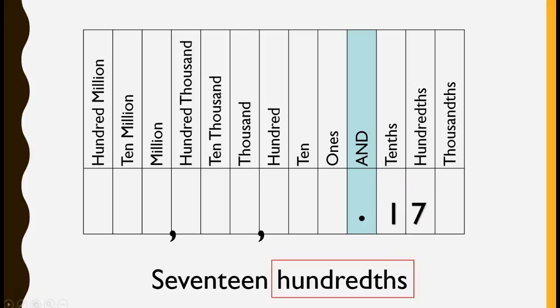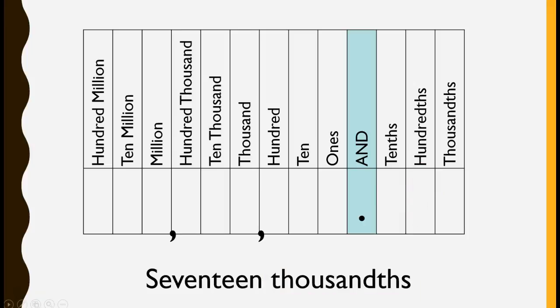Okay. Now let's look at another example here. 17/1000. Where would I put these digits? Well, take a look. We're going to put a square around our place value. Take a look at our digit. Okay, it's 17 again. And we're going to put it on our chart in a way that that last digit falls in the thousandths place. 17.